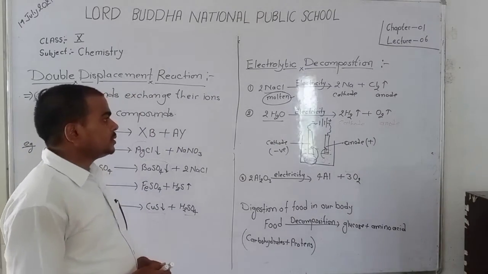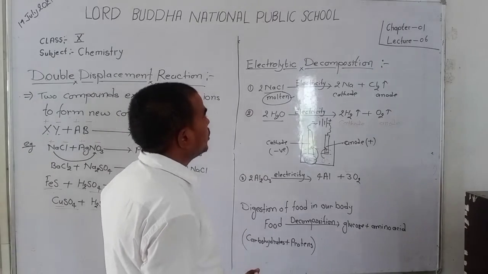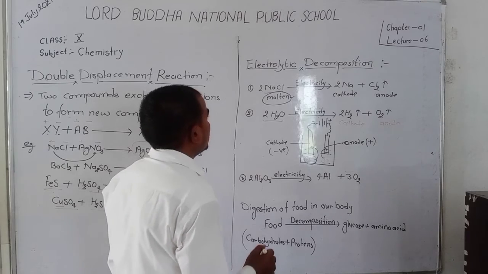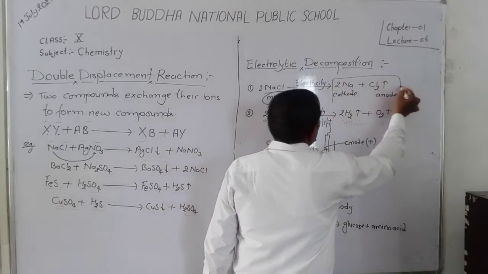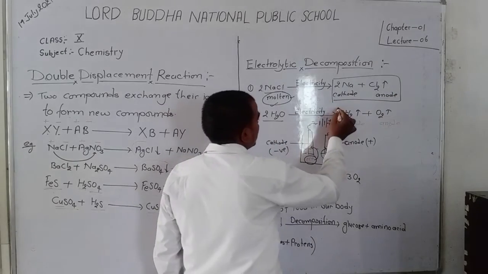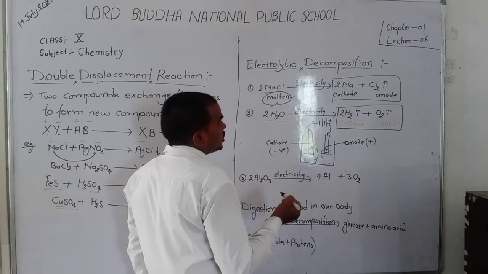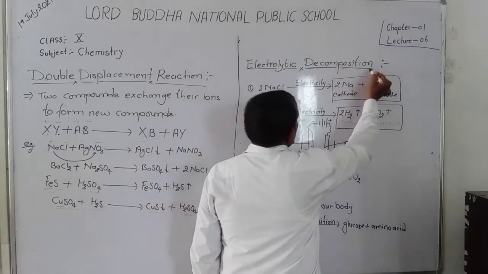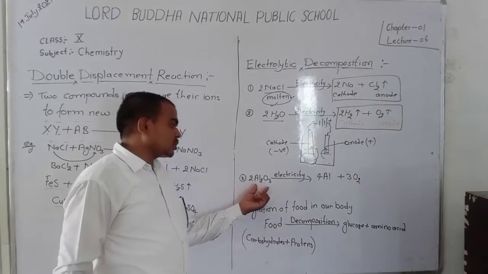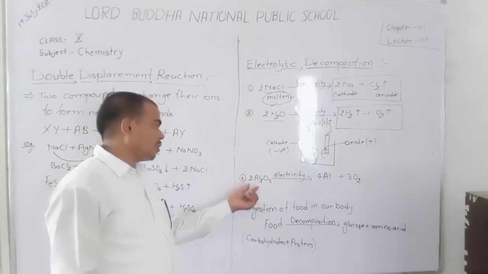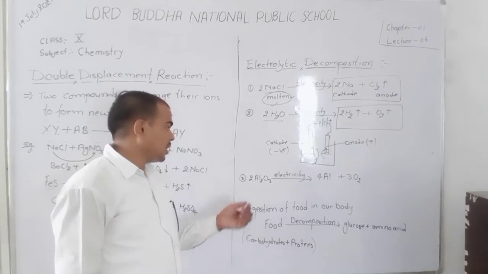Dear student, in this reaction, we also observe a single molecule converting into simpler molecules. Therefore, it is known as a decomposition reaction. Okay. Here, aluminium oxide. The common name of aluminium oxide is alumina.